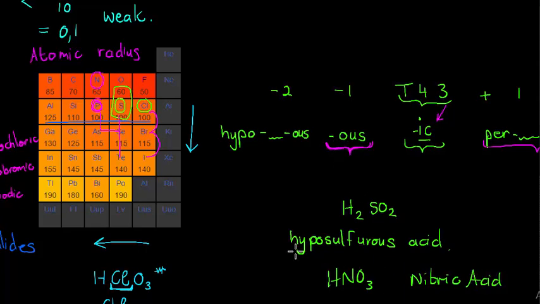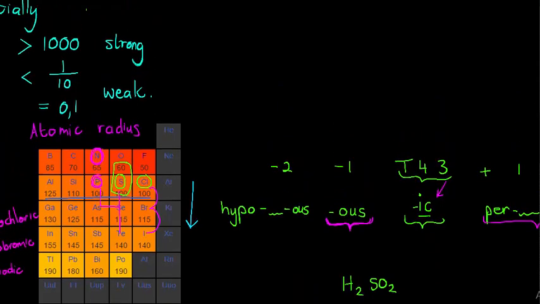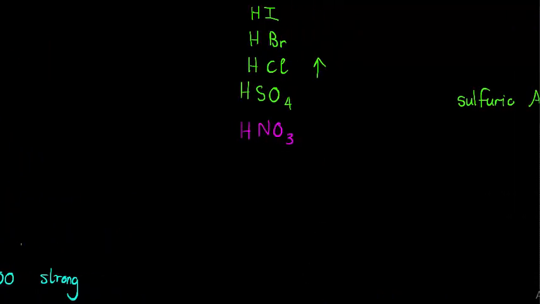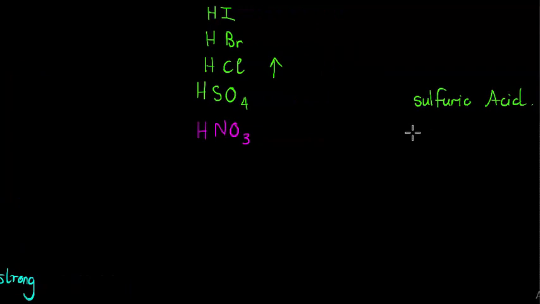We looked at that one a little bit down there. And then this one would be the next one we consider here. That would be HNO3, which is called nitric acid. Now nitric acid is the standard. Anything from nitric acid upwards would be considered strong acids.